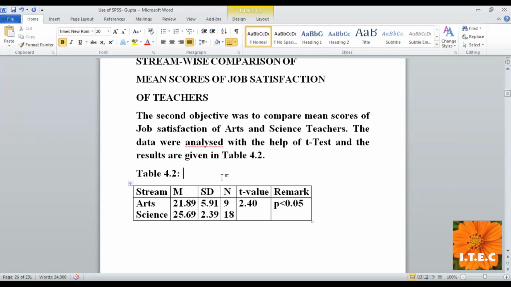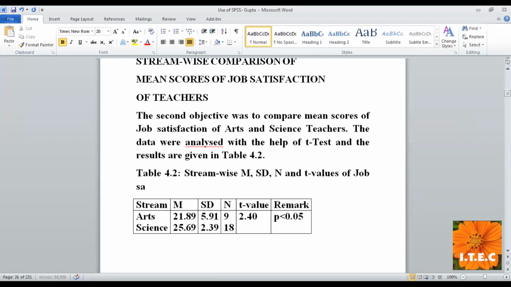And here I will write stream-wise mean, SD, N and p-values of job satisfaction of teachers.